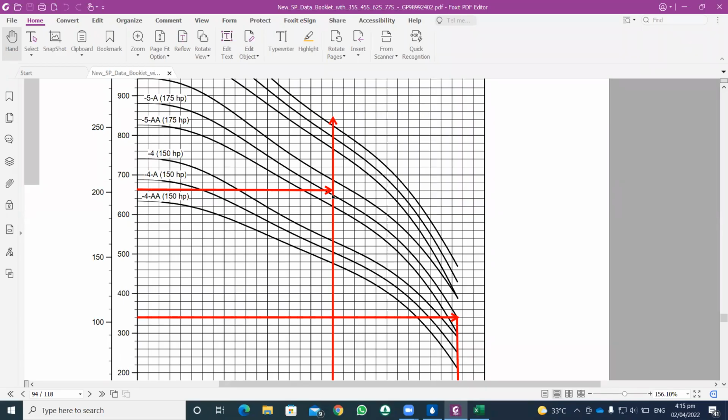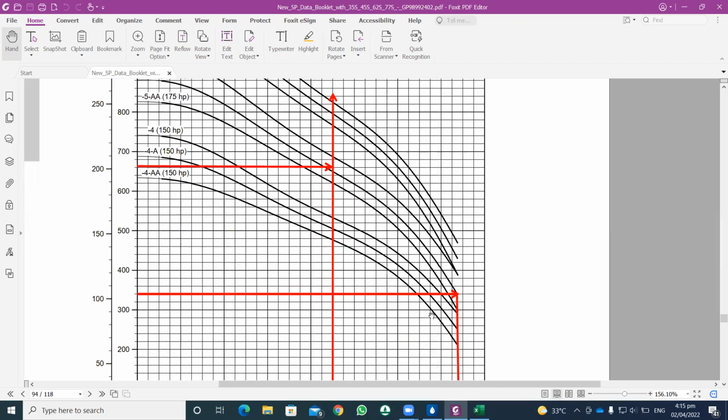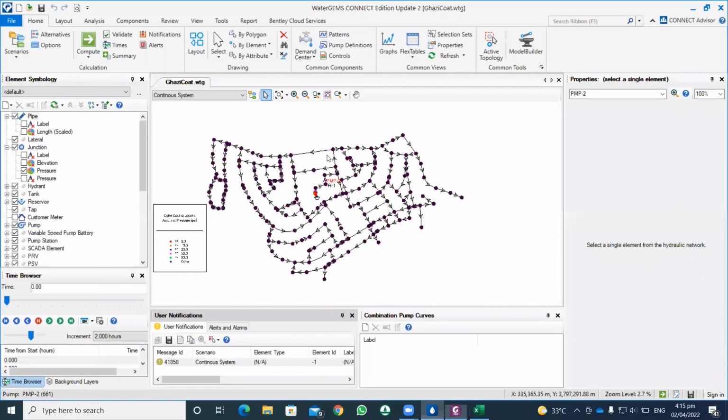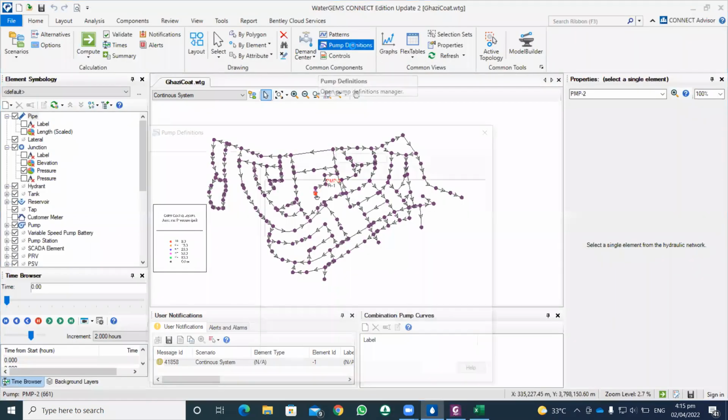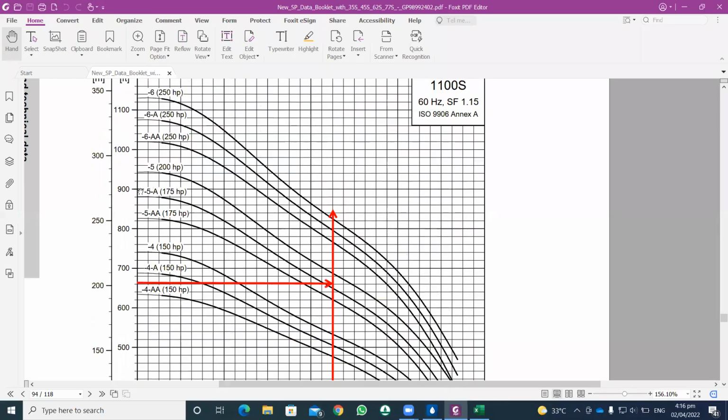So basically, this is the curve which we will use. For example, this is a curve which we will be using in WaterGEMS. I want to show you that as well. By going to the pump definition, I defined the pump curve by using 3 points. So the shut off head is about 880 feet by taking the values from here.